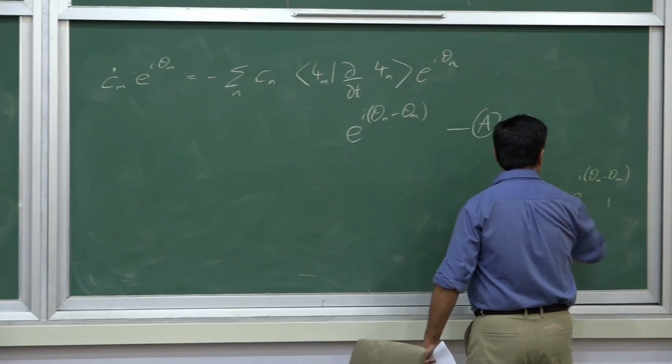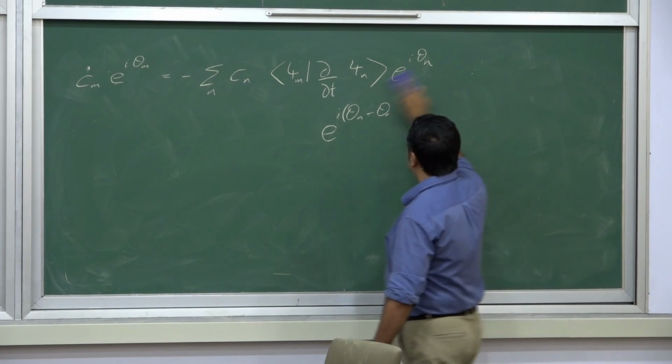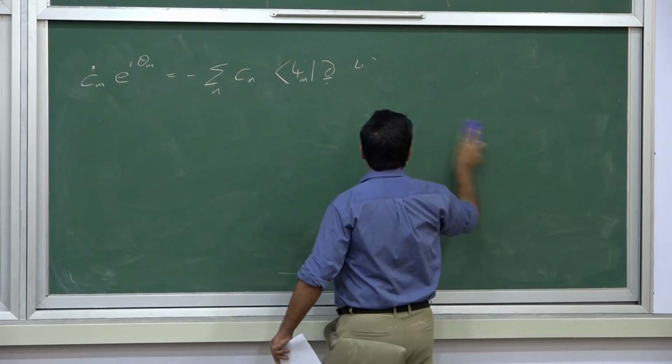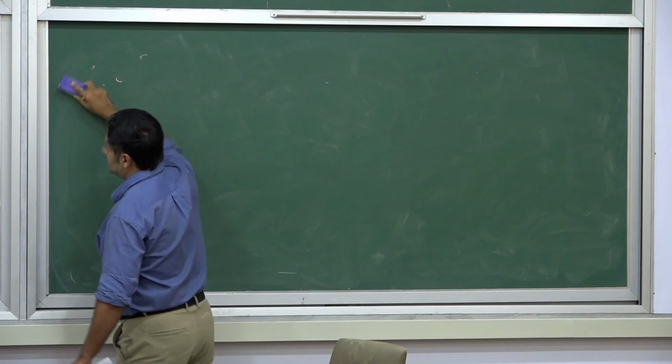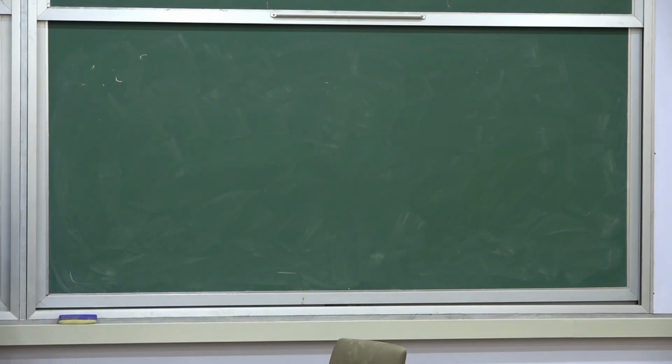Now right now it's just a vector, but it has a similar gauge freedom as in the case of the vector potential.